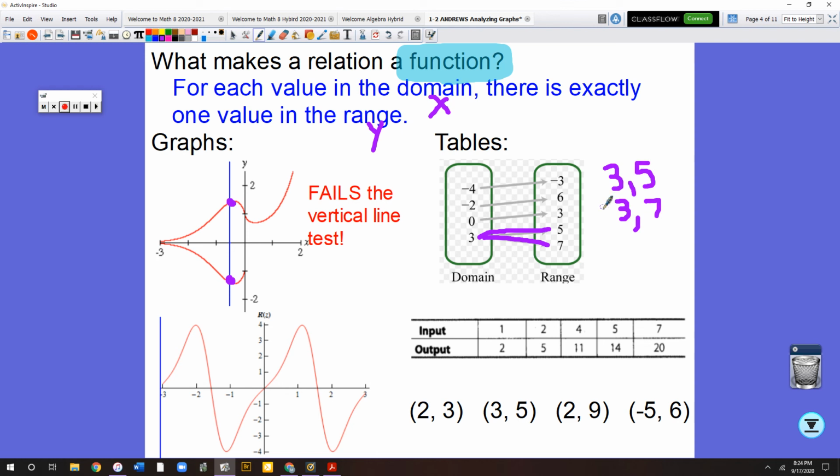That makes this not a function. If we circle back around to this graph, I'm going to ballpark the coordinates here. This x value is about negative 0.5 or negative 1/2 for the x value, and the y value is about 1 1/3.